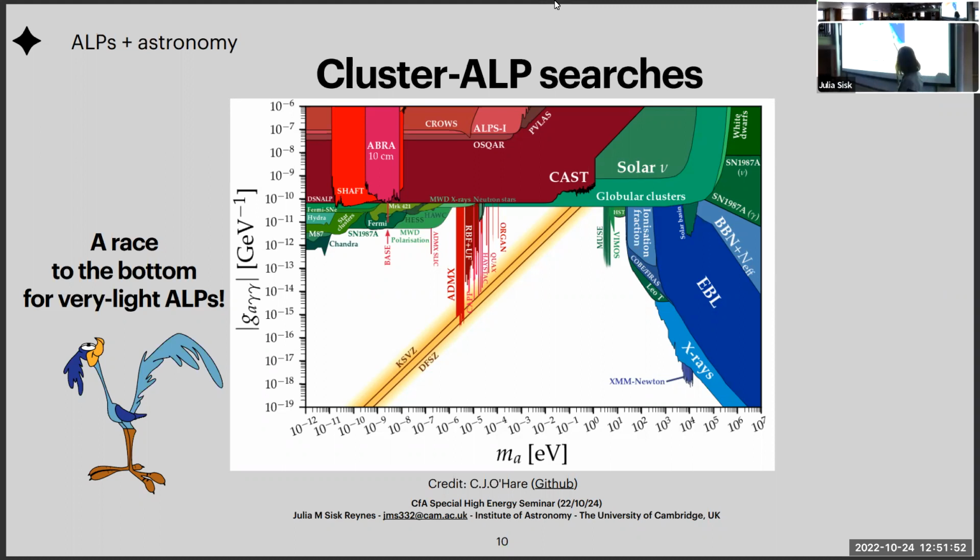This study was searching for axion dark matter using XMM-Newton blank sky observations. So here we are talking about axions that are dark matter, and their abundance is constrained by the fraction that they would represent over the fraction of dark matter.